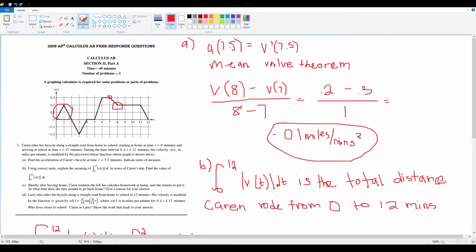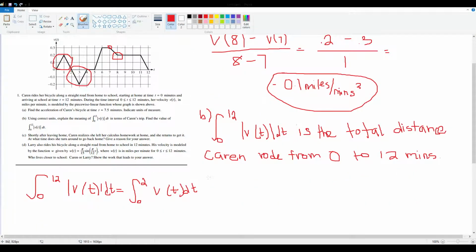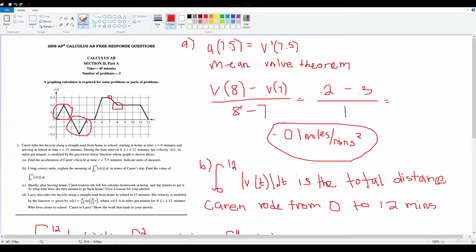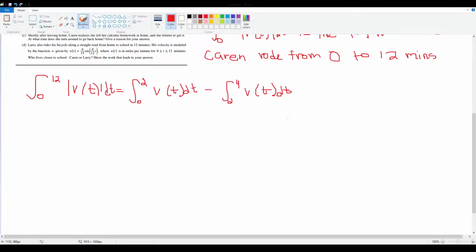Then from time 2 to 4 it's negative, so you're going to subtract because of the absolute value, integral from 2 to 4 of v of t dt. And then from 4 to 12, it's positive, so you're going to add integral from 4 to 12 of v of t dt.